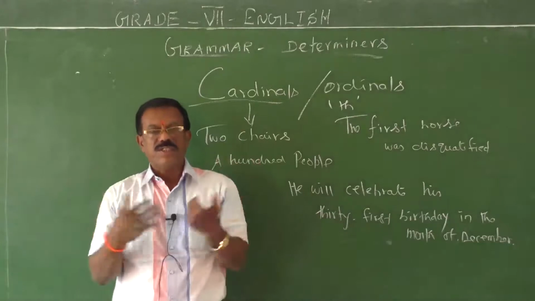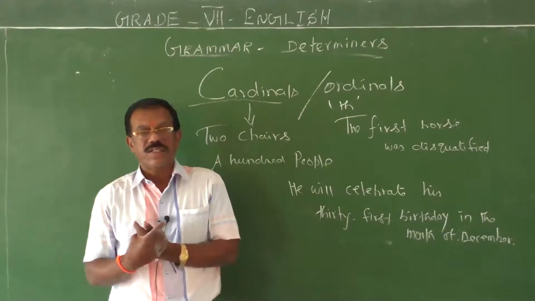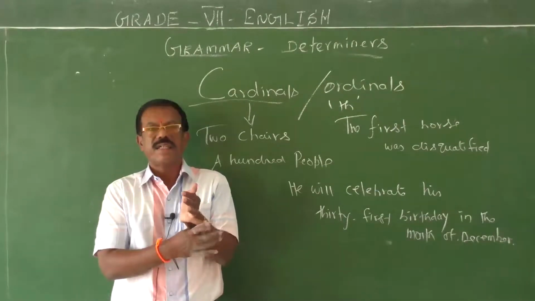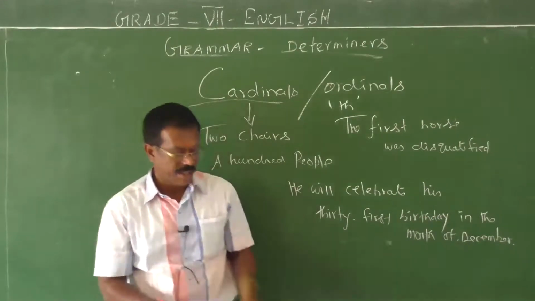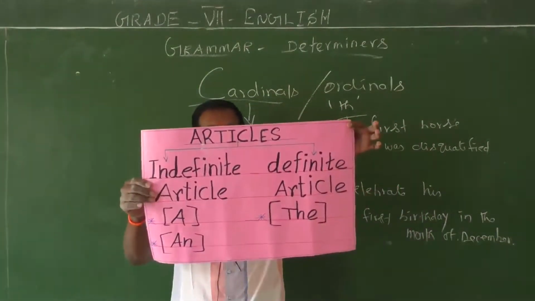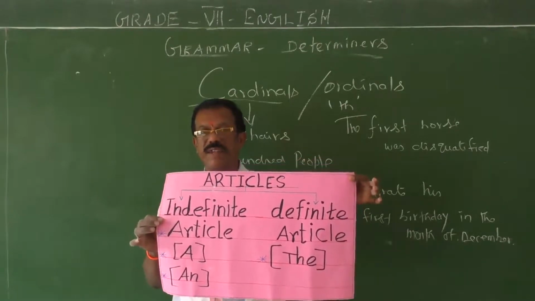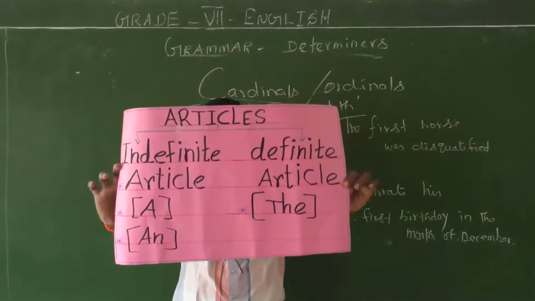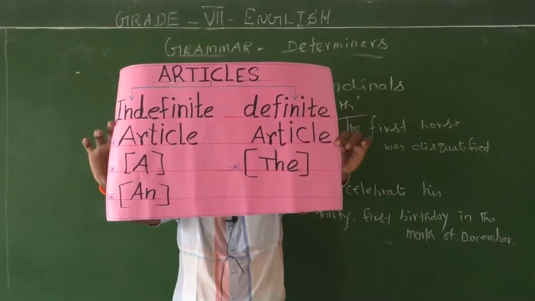Just join and repeat the kinds, children. Determiners: articles. Articles are of two types, definite article and indefinite articles. Definite article the, indefinite articles a and an, they are called determiners. And you have learned the uses of a, an and the.